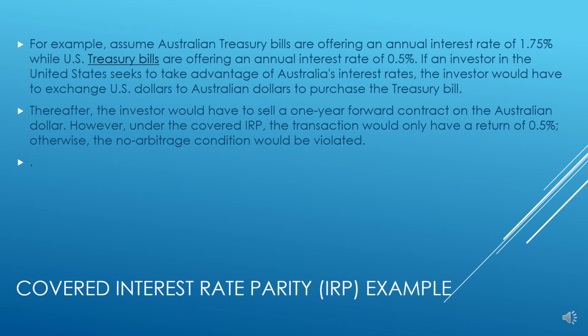Thereafter, the investor would have to sell a 1-year forward contract on the Australian dollar. However, under covered interest rate parity, the transaction would only have a return of 0.5%. Otherwise, the no arbitrage condition would be violated.